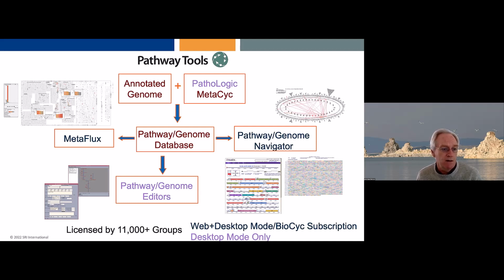So you can feed in your own sequenced genomes. You can also feed in a set of MAGs to create pathway genome databases for a whole series of organisms within a microbial community. And the software is free. It's been licensed by more than 12,000 groups now, and it runs on Mac, PC, and Linux.